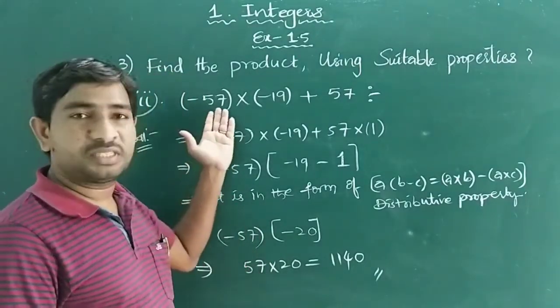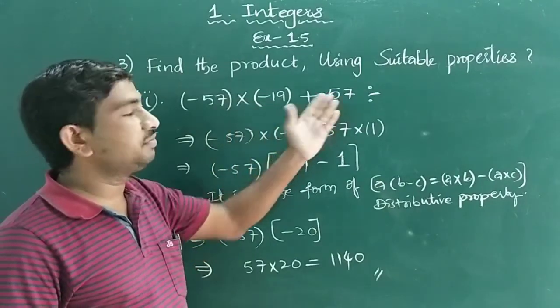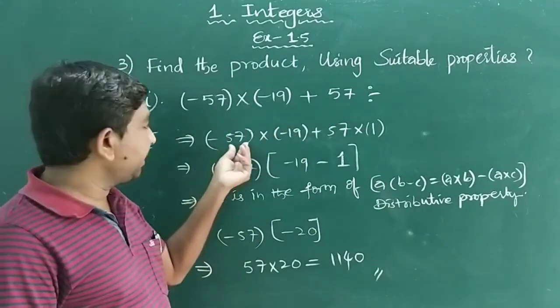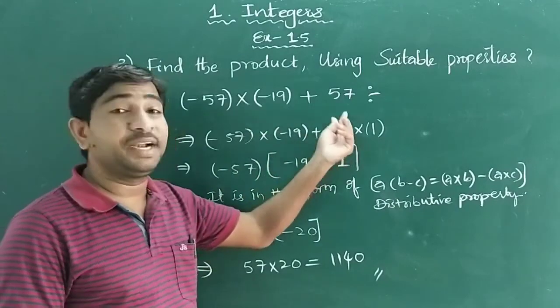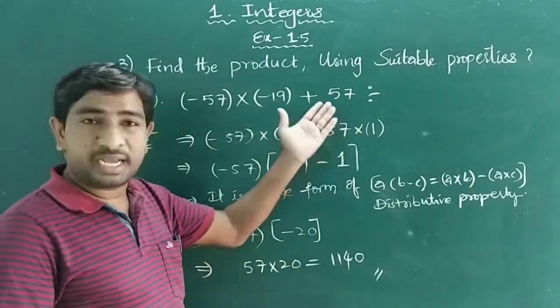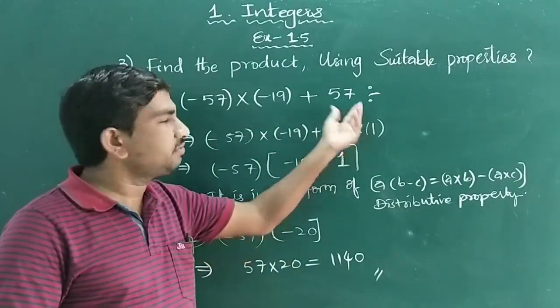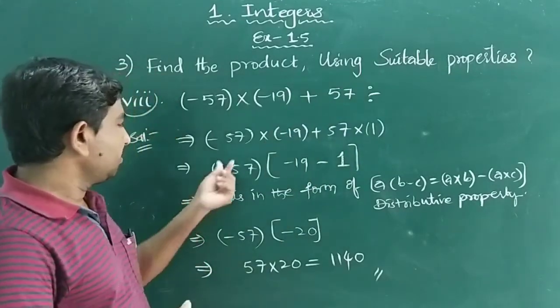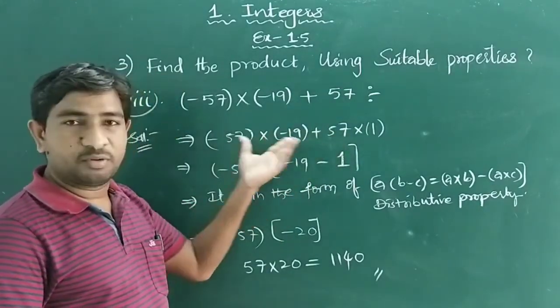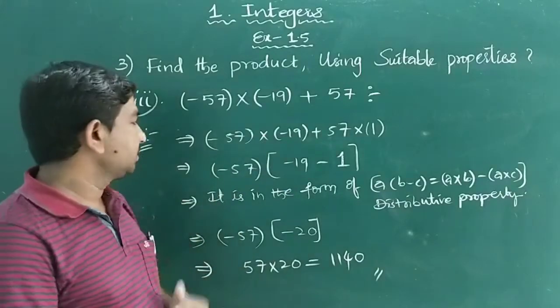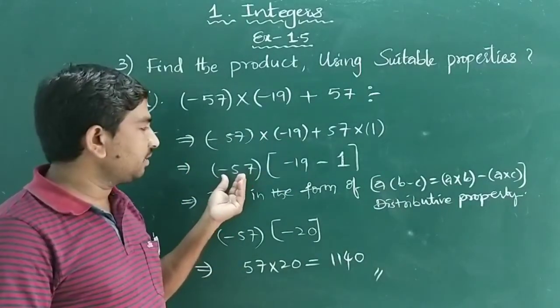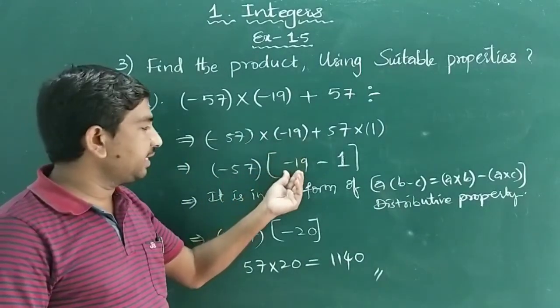Okay, next, the last problem of this exercise: minus 57 into minus 19 plus 57. This can be written as minus 57 into minus 19 plus 57 into 1. For our convenience, we can write it as 57 minus 57 only, no problem. Now both 57s we take common. So minus 57 we take common, then what do you get? Minus 19.